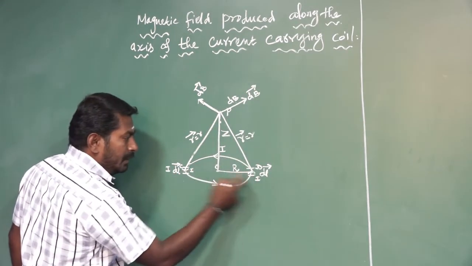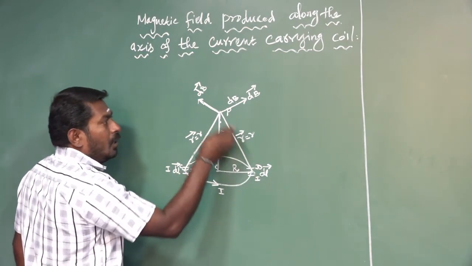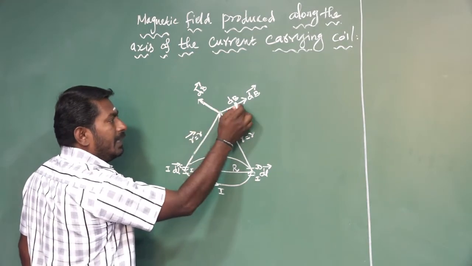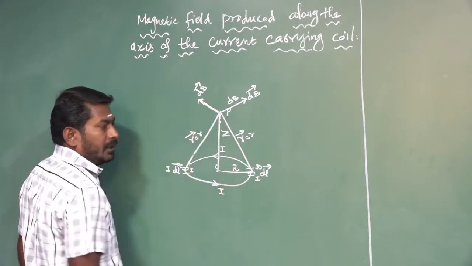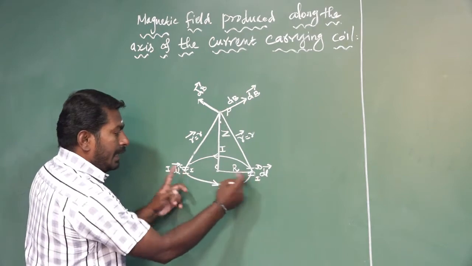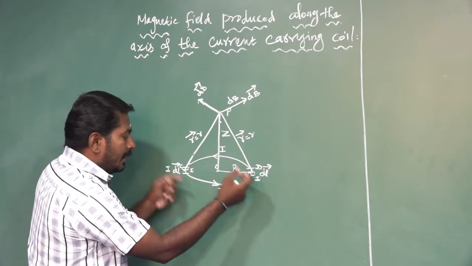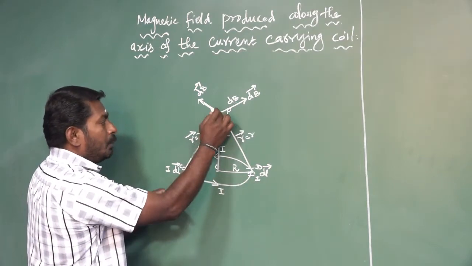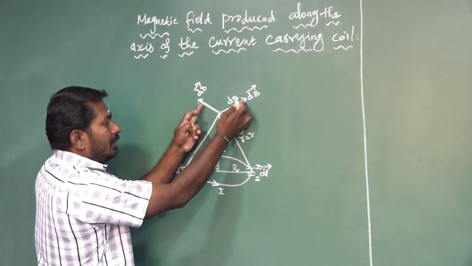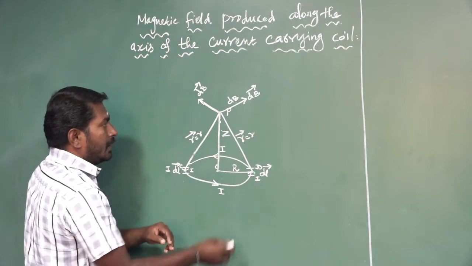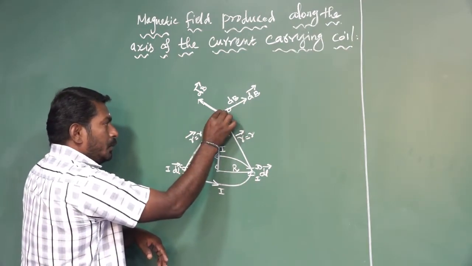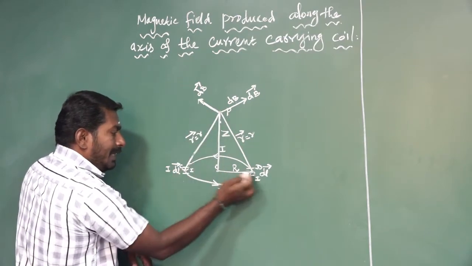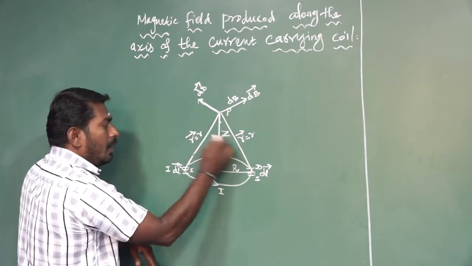So both the diametrically opposite current elements produce magnetic induction at point P that is equal in magnitude but acts in opposite directions, because the diametrically opposite elements carry current in opposite directions. It is equal in magnitude because the distance of point P from each current element remains the same, r.